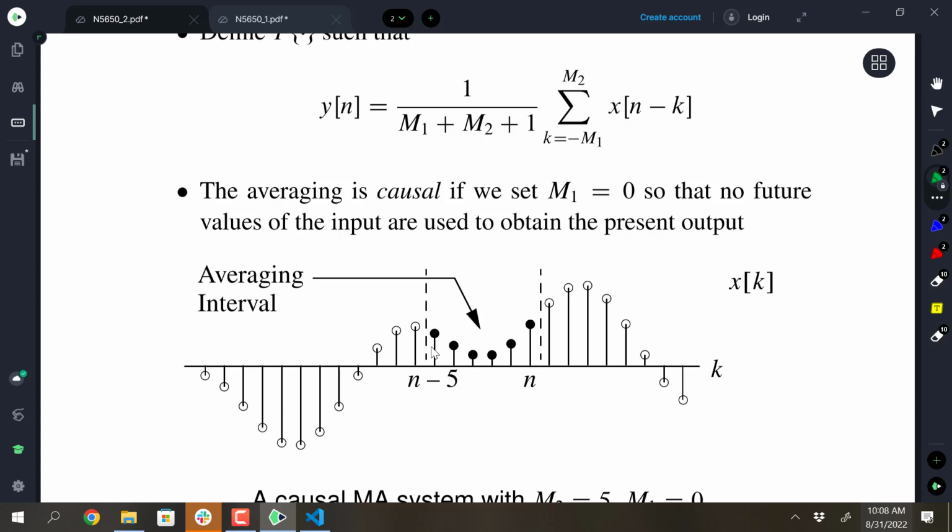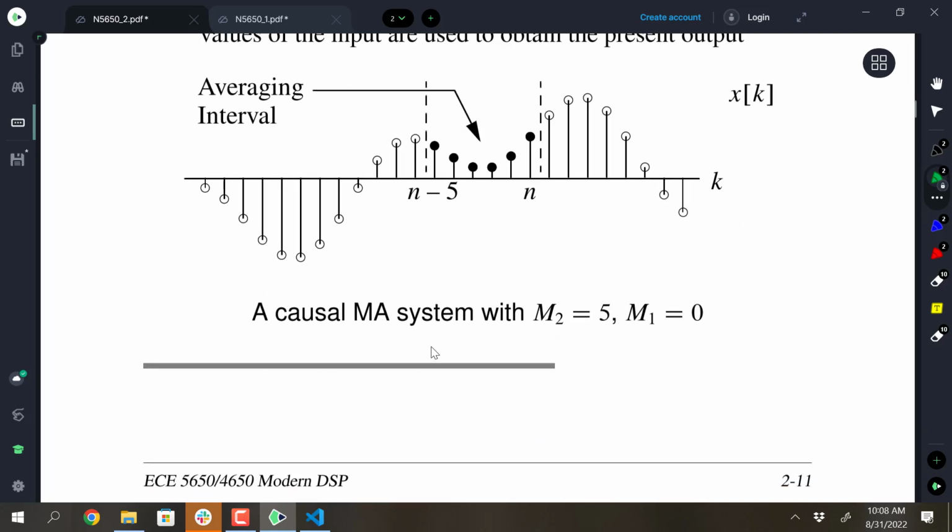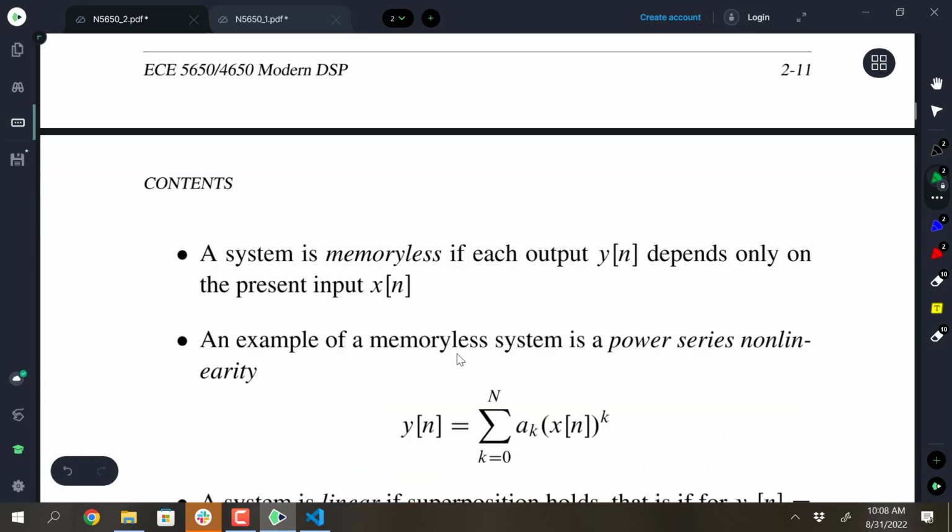So in this case, M2 is equal to 5, so it's going to have a total of 6 samples used to form the average. And then as n moves along, that window just keeps sliding along, and it keeps taking the moving average.